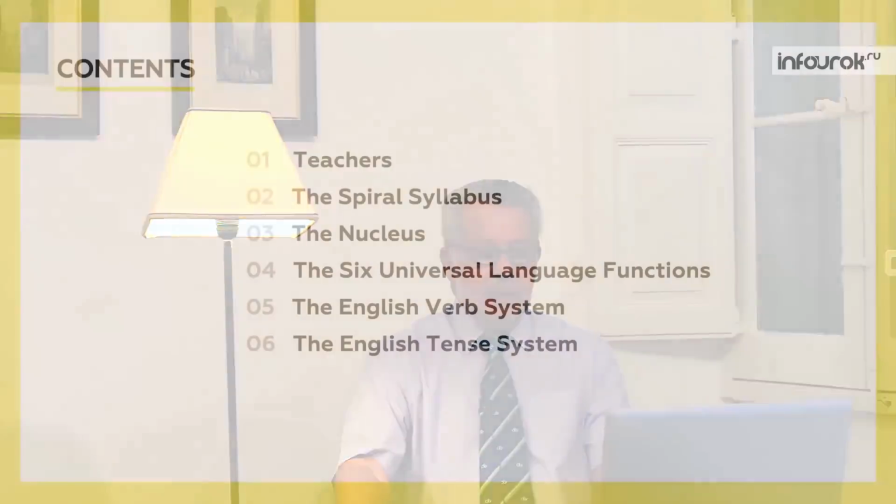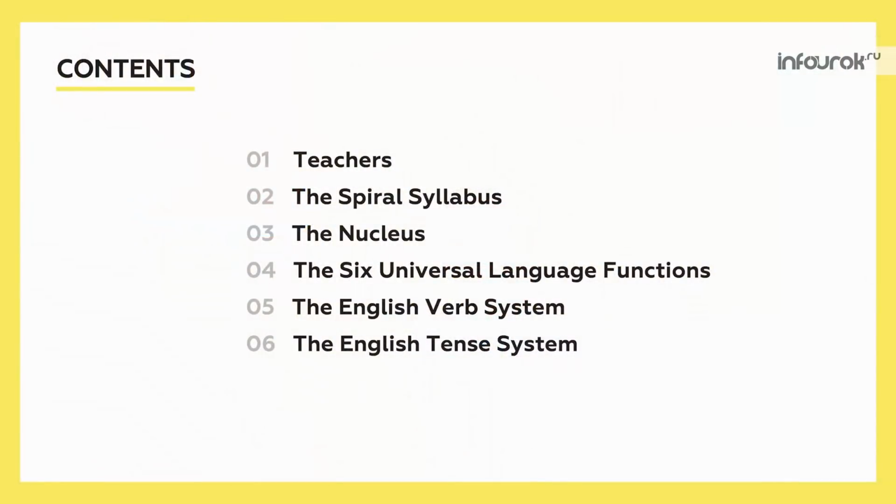Let's start and have a look at this program. So, today we shall be talking, first of all, about teachers. Then, what we call the spiral syllabus. After that, we shall be talking about the nucleus.